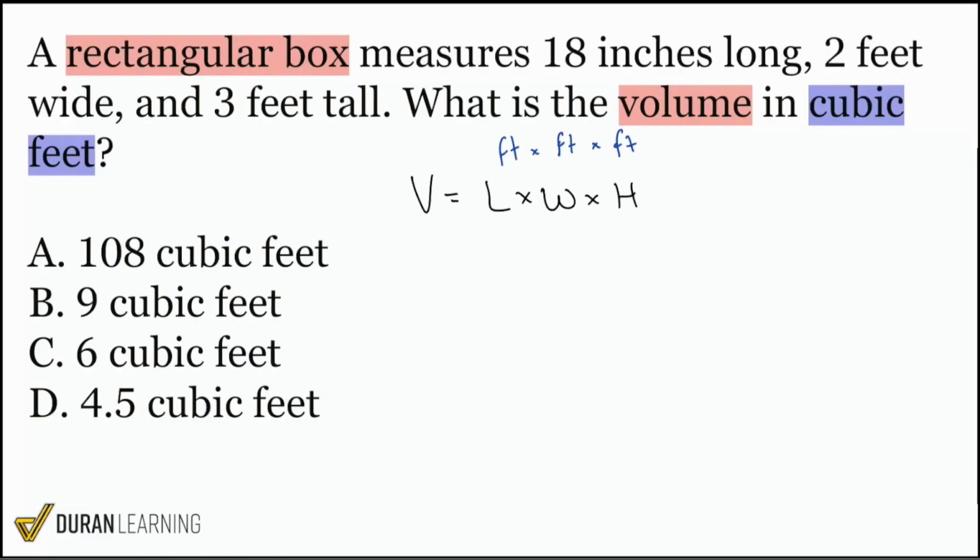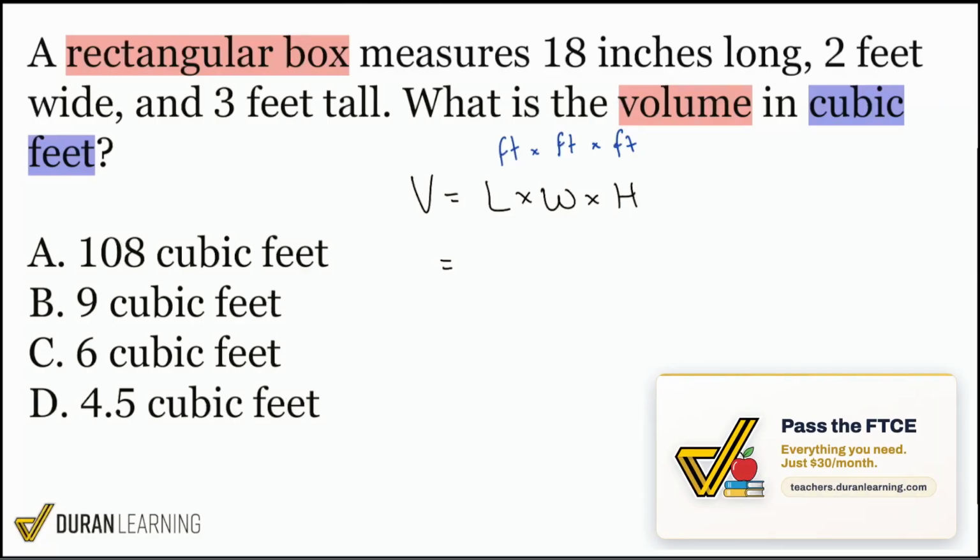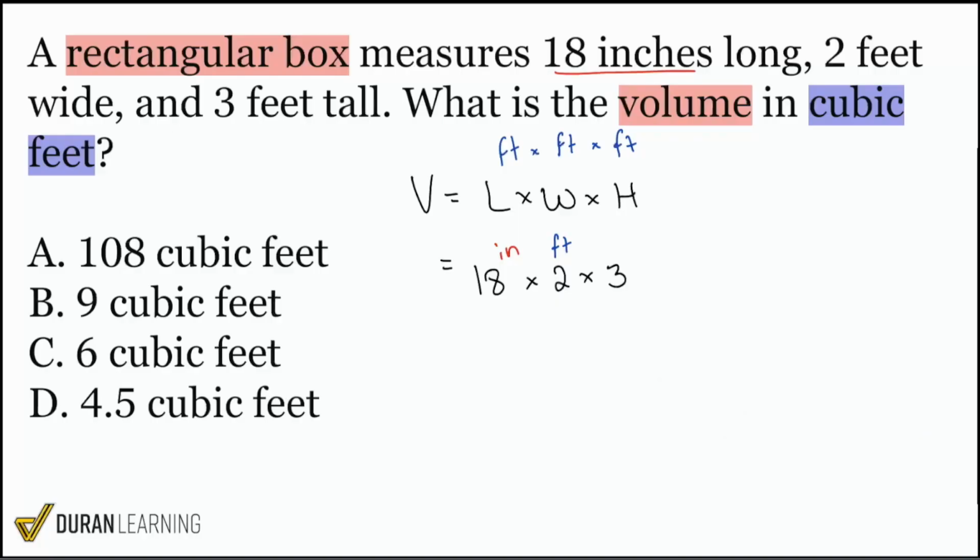The one little issue that I see here is that when we plug in our values, we have 18 inches right there, multiplied by 2 feet for the width, which is correct. And then we also have the height given in feet, 3 feet. Again, it's given to us there and given to us here. We see the word feet clearly stated.